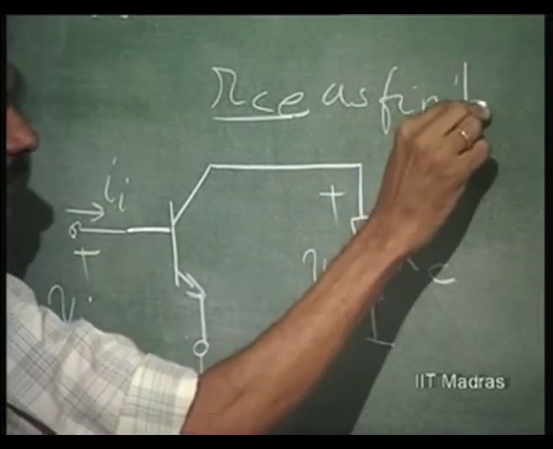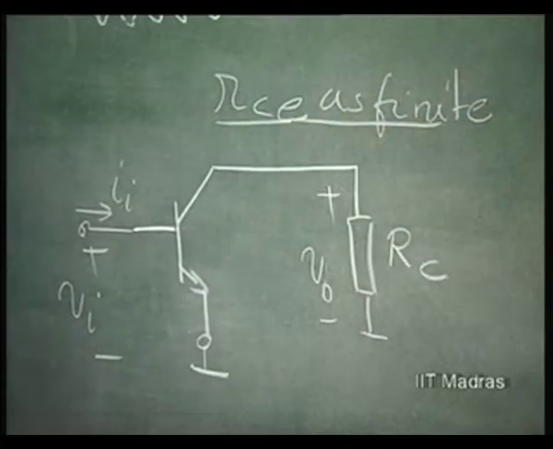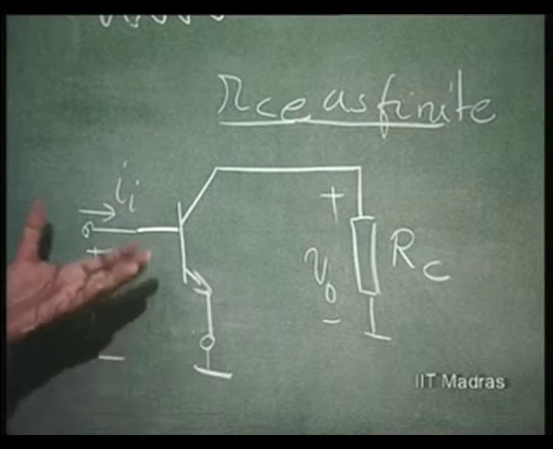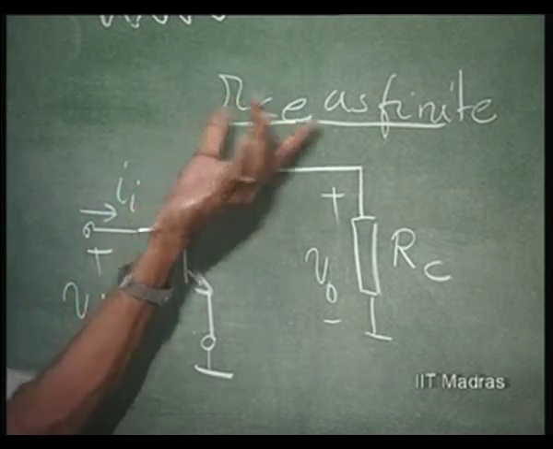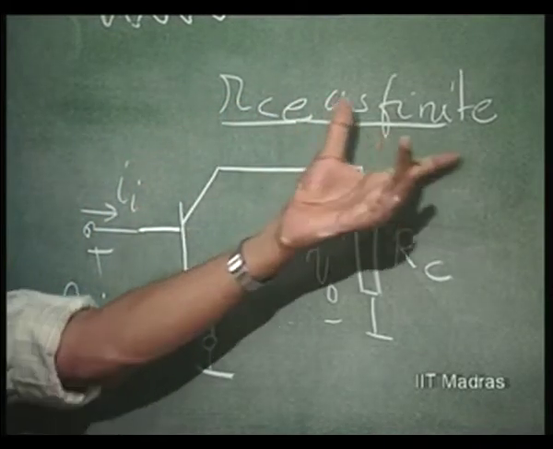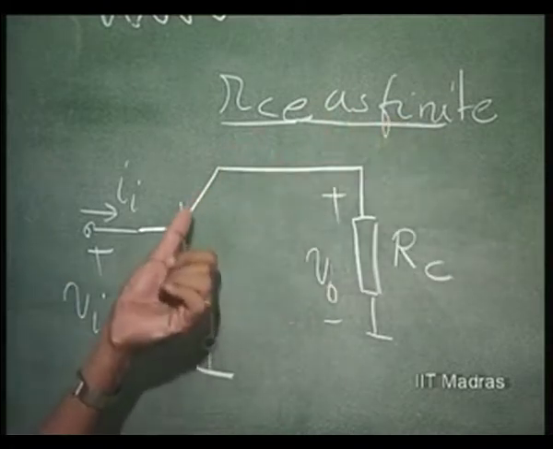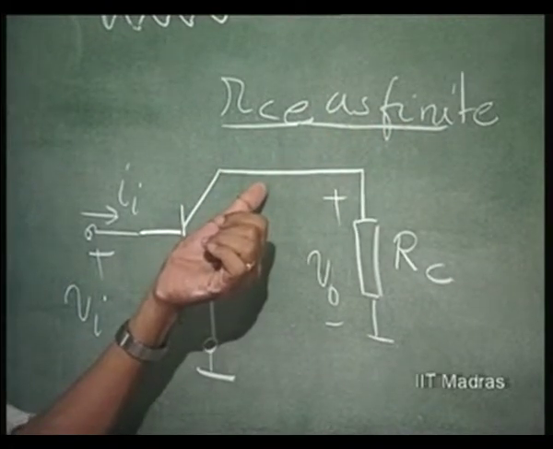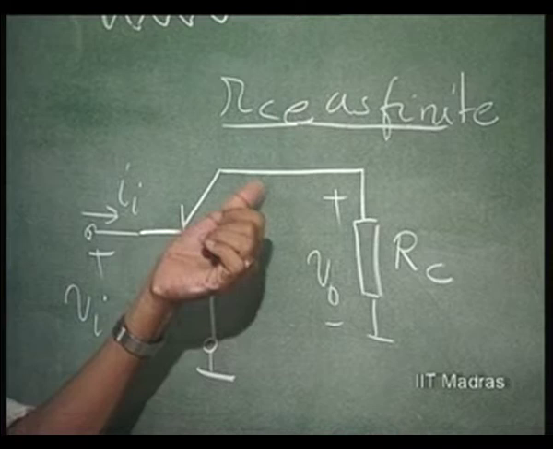We cannot consider it as infinite. This is important because we are considering open circuit parameters. RCE must be considered as finite. We cannot consider the current source as having infinite output resistance.